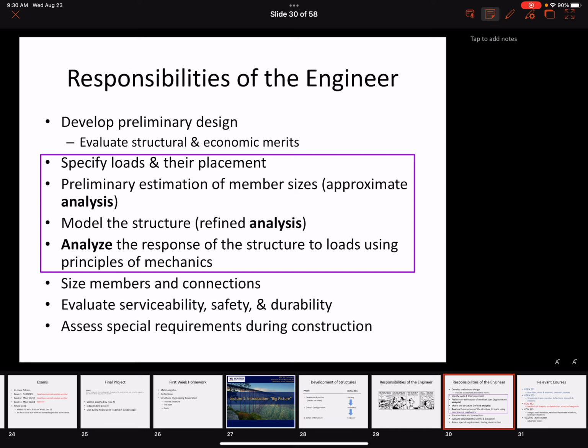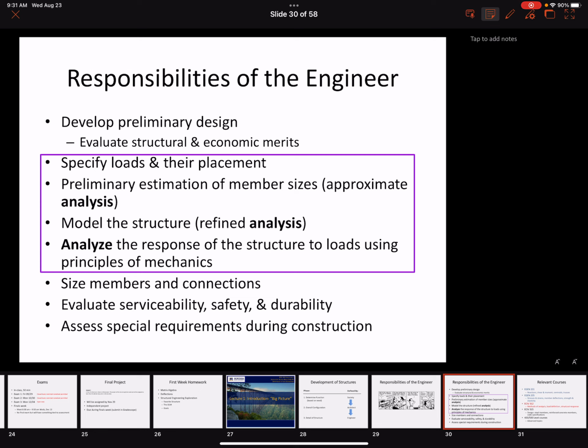Modeling the structure is referring to a refined analysis. This is your in-depth calculations, determining stresses and strains and things like that. In this class, we're not going to be dealing with stresses and strains much. We're going to be relying more on statics and dealing with internal forces and reactions. But don't worry, stresses and strains aren't done with you yet.